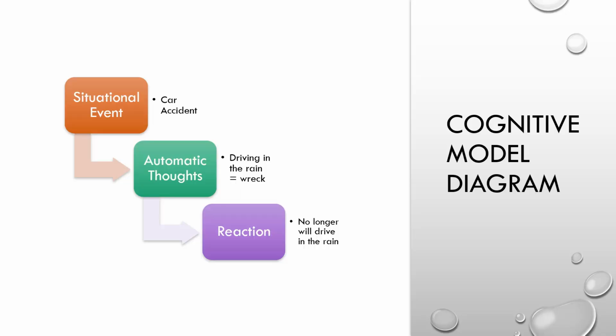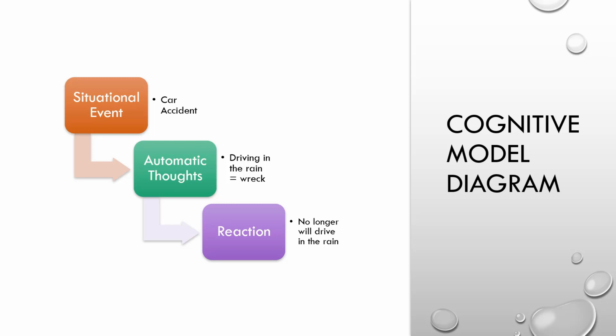So here's a description. Situational event, there's a car accident. Automatic thoughts, driving in the rain equals wreck. Reaction, I will no longer drive in the rain. Now, is it rational? No. But that's where we have to break those irrational thoughts.